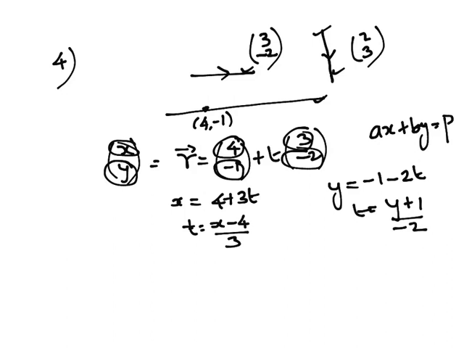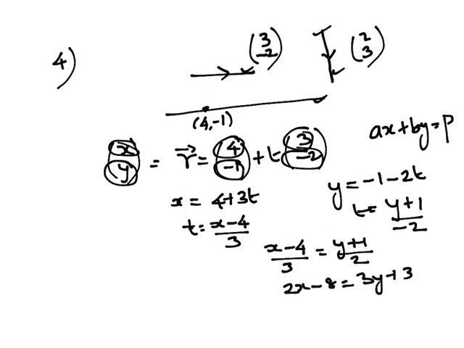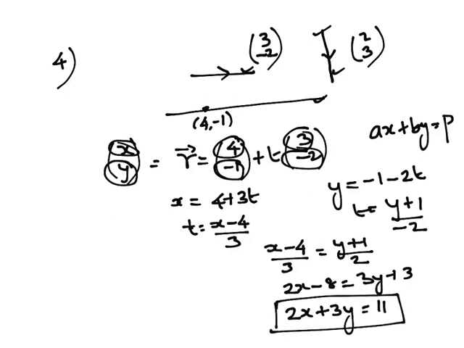So equate both: (x minus 4) by 3 equals (y plus 1) upon 2. Cross multiply, you'll get 2x minus 8 equal to 3y plus 3. So the final answer is 2x plus 3y equal to 11. So this is the required answer. Yeah, very, very simple. I hope you understood this problem.